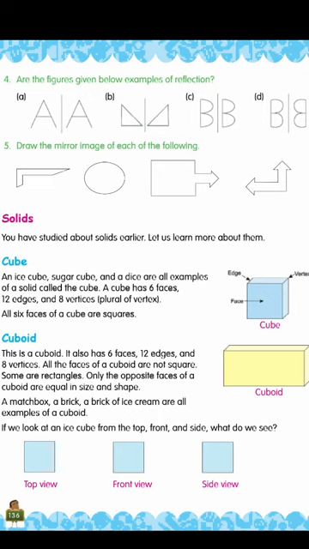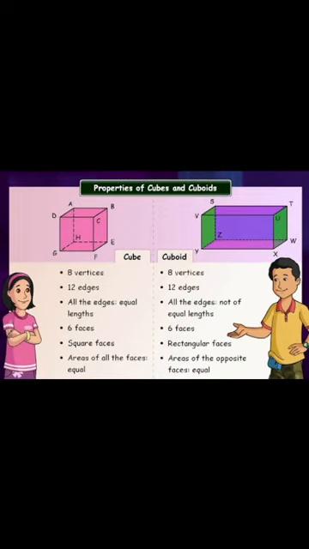Now let us see. A cube has 8 vertices, a cuboid has 8 vertices. Similarly, a cube has 12 edges and a cuboid also has 12 edges. 6 faces, 6 faces.